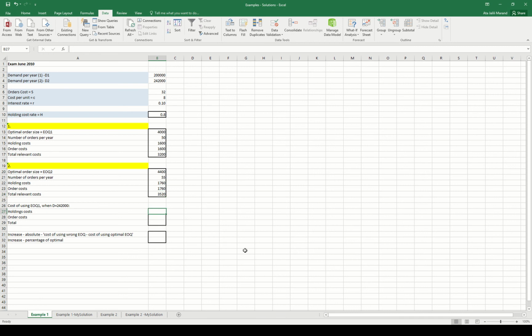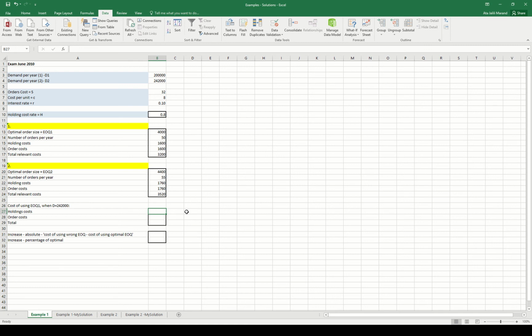But in part 2, it also says that if we mistakenly take an order quantity equal to 4,000 while the demand is 242,000, then what would be the effect of this mistake on the total costs?